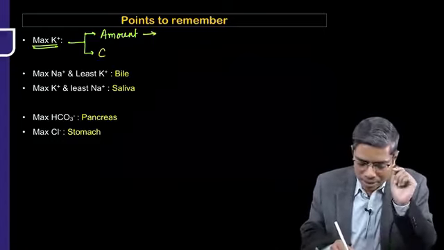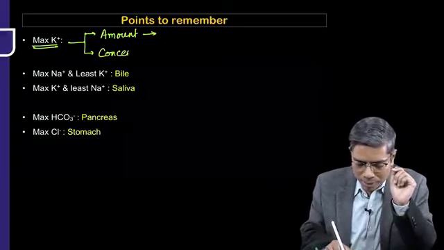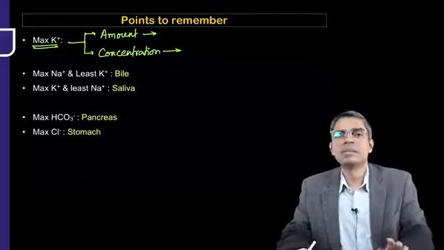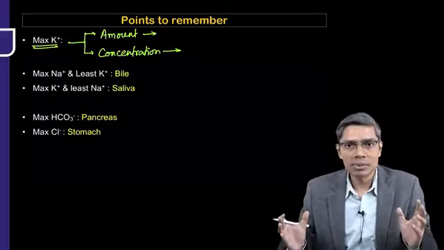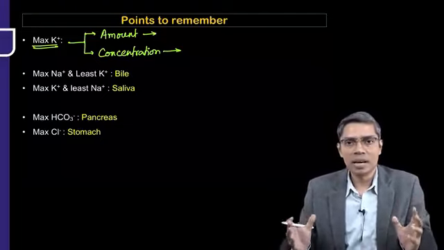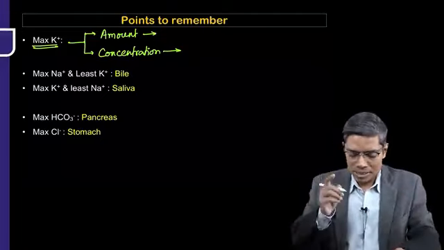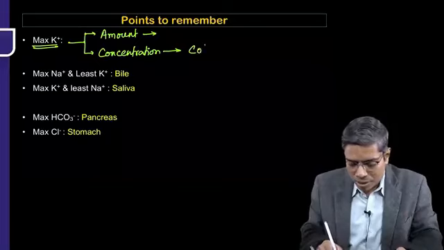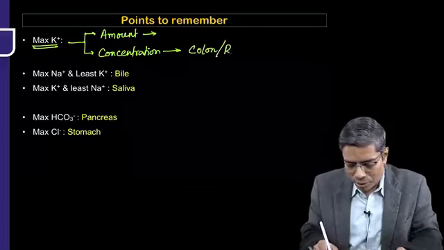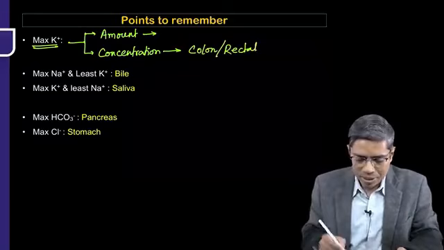But whenever they are asking that maximum potassium concentration is present in which secretion, then the meaning is different. They are not asking about the total load of potassium. They are asking what is the concentration of potassium. Okay, so for maximum concentration, the answer is colorectal fluid, colon and rectal secretion.